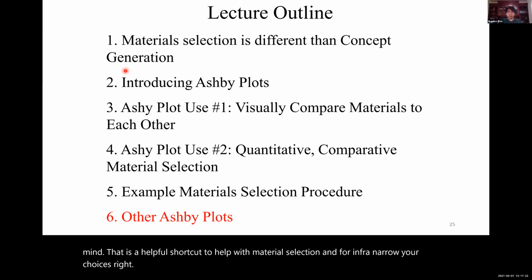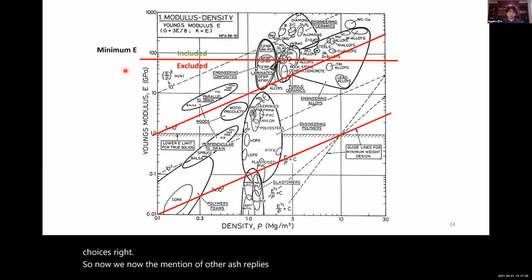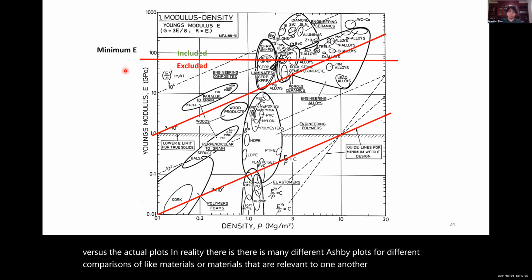So now the mention of other Ashby plots. I've only shown you the Young's modulus versus density Ashby plots. In reality, there are many different Ashby plots for different comparisons of like materials or materials that are relevant to one another, or properties that are relevant to one another.